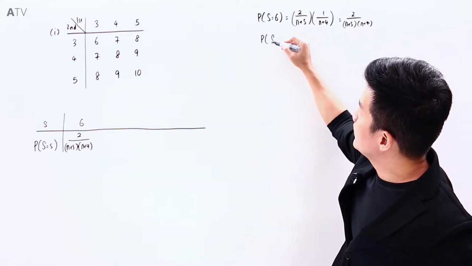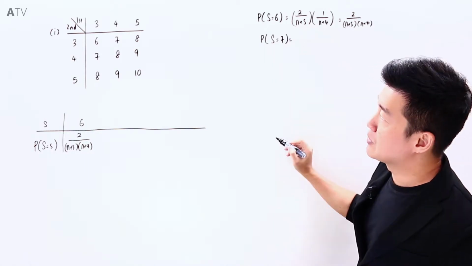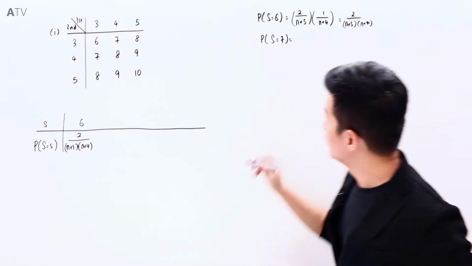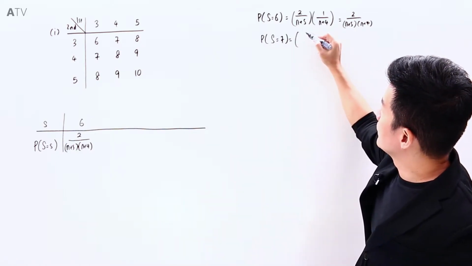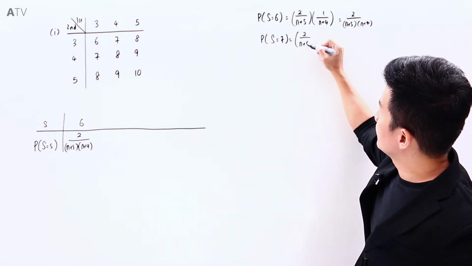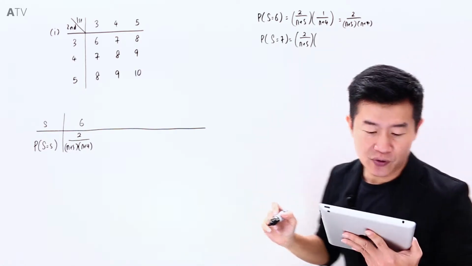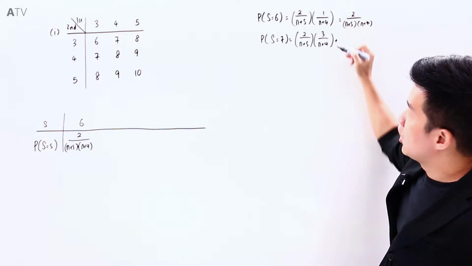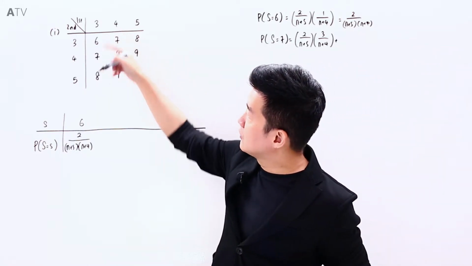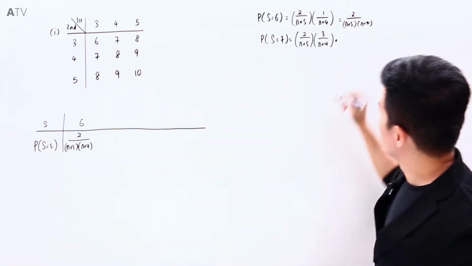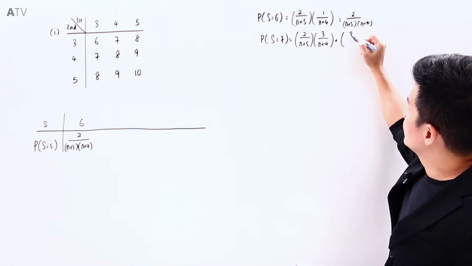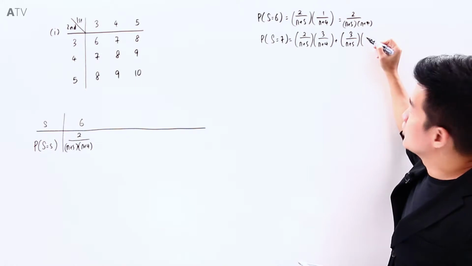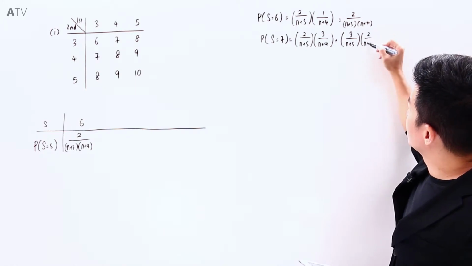And the probability when the sum is equal to 7 can be obtained when the first is 3, the second one is 4. So for the first to be 3, it is going to be 2 over n plus 5. And for the second one to be 4, it is going to be 3 over n plus 4. Or it can also be when the first one is 4 and the second one is 3. So for the first one to be 4, 3 over n plus 5. And then for the second one to be 3, it will be 2 over n plus 4.